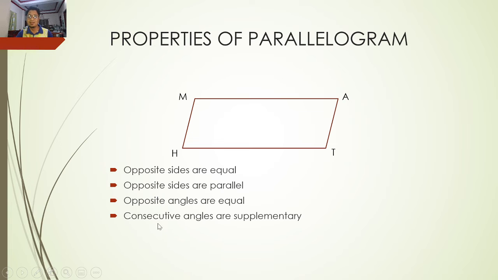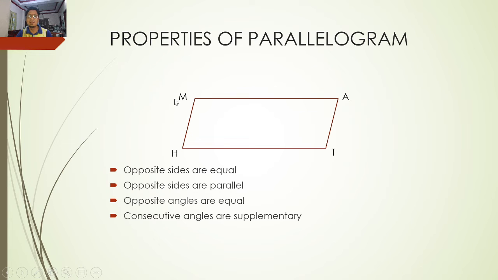Ang sabi, consecutive angles, so yung magkasunod daw na angles, angle M at angle A, it doesn't matter kung angle A or angle H. Kasi equal naman yung dalawa dahil magkatapat, di ba? So ang sabi, consecutive angles are supplementary. Sir, ano nga yung supplementary? Pag sinabi natin supplementary, pag pinag-add mo yung dalawang measurement nito, equal nila 180 degrees.